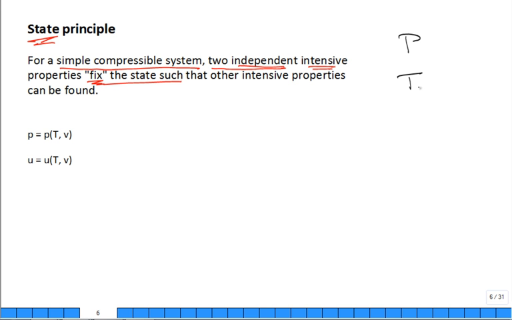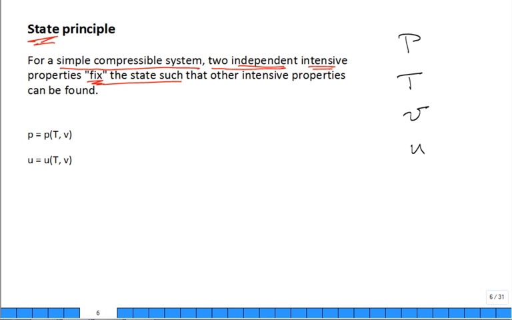Pressure, temperature, specific volume, internal energy is big enough list. I have 4 of them. Let's say I'm interested in calculating one of the 4. I don't know it. I need to calculate it. If somehow you can strategize to get the values of some other 2 of the list, in principle, you can get the other 2, right? So it fixes the state.